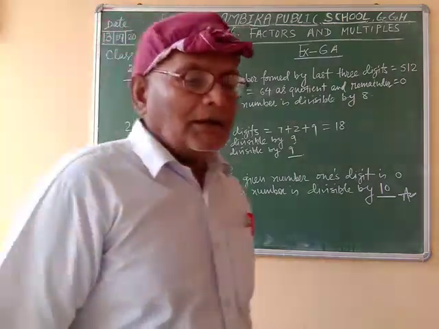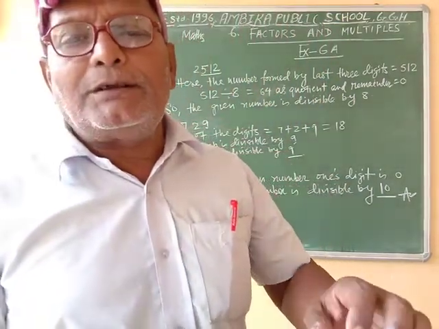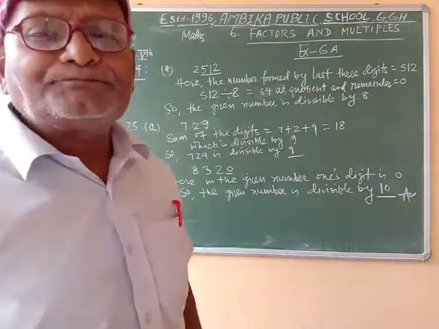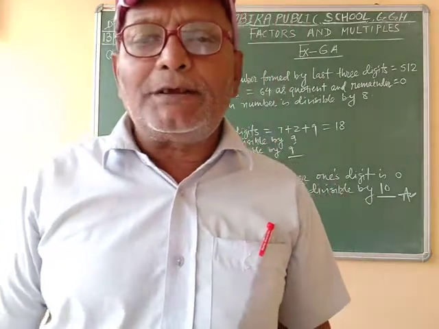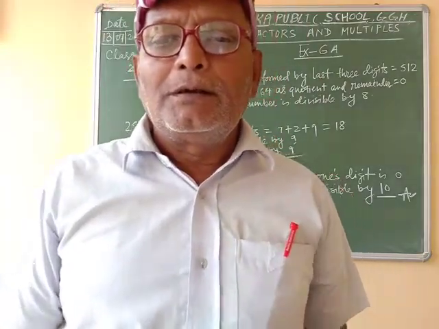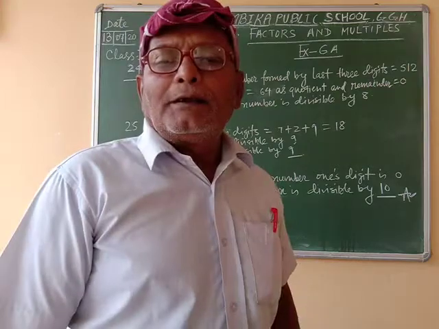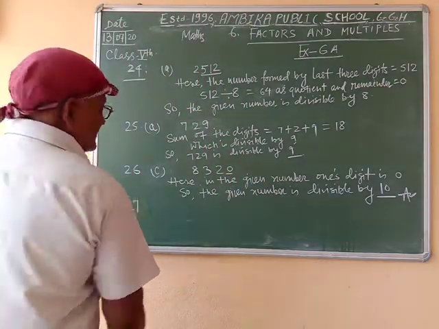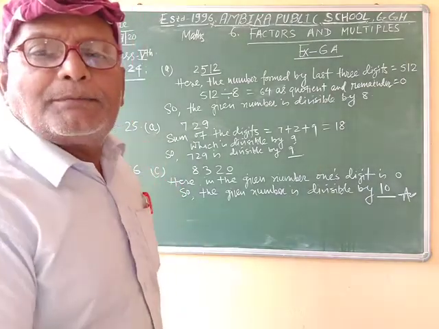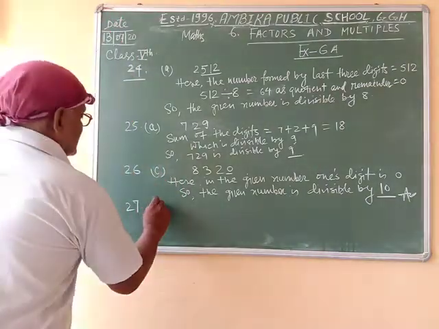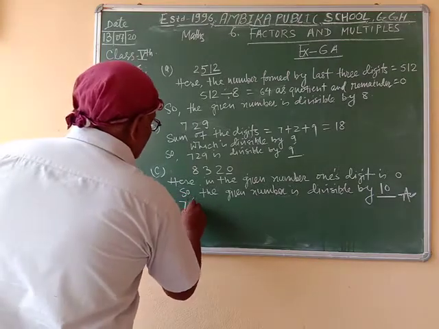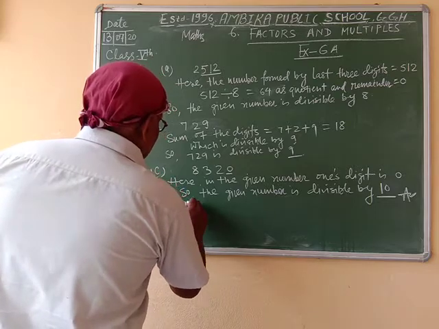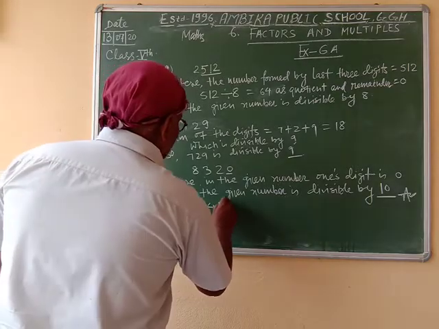Now question 27, which of the following numbers are divisible by 11? Question 27 of this exercise, part B, 73249.